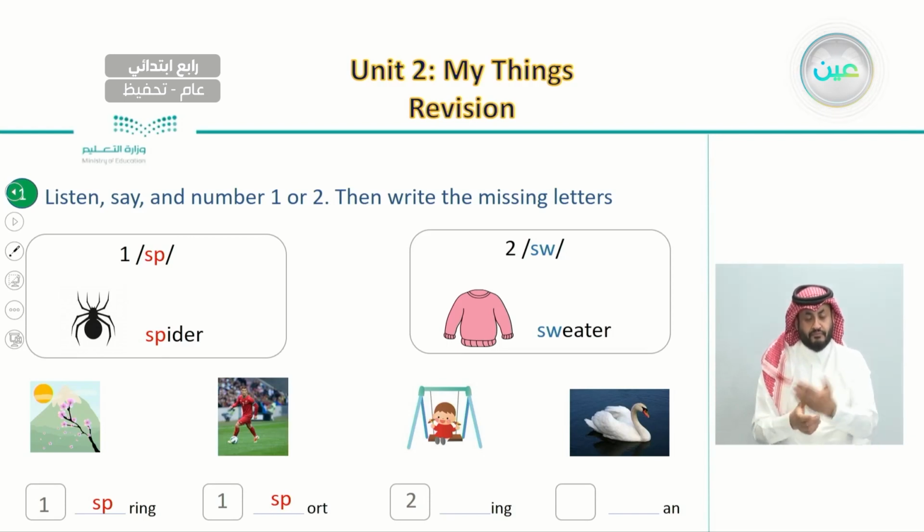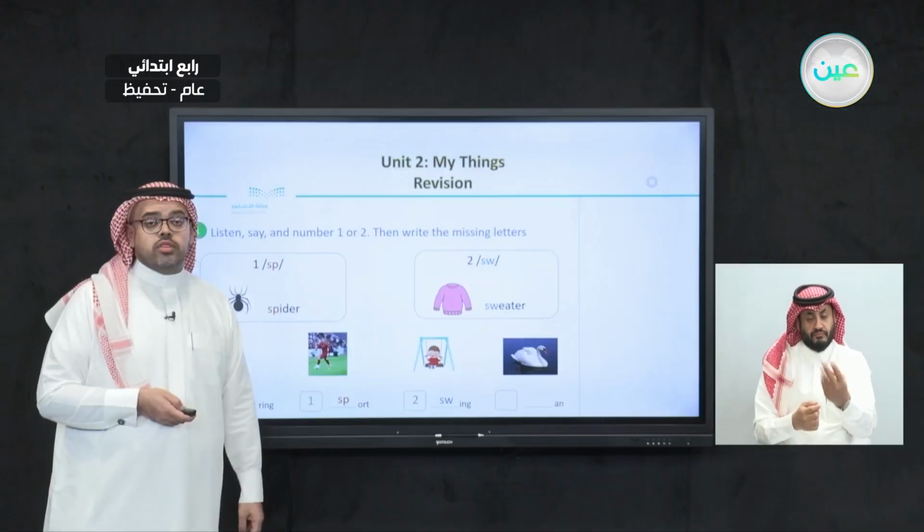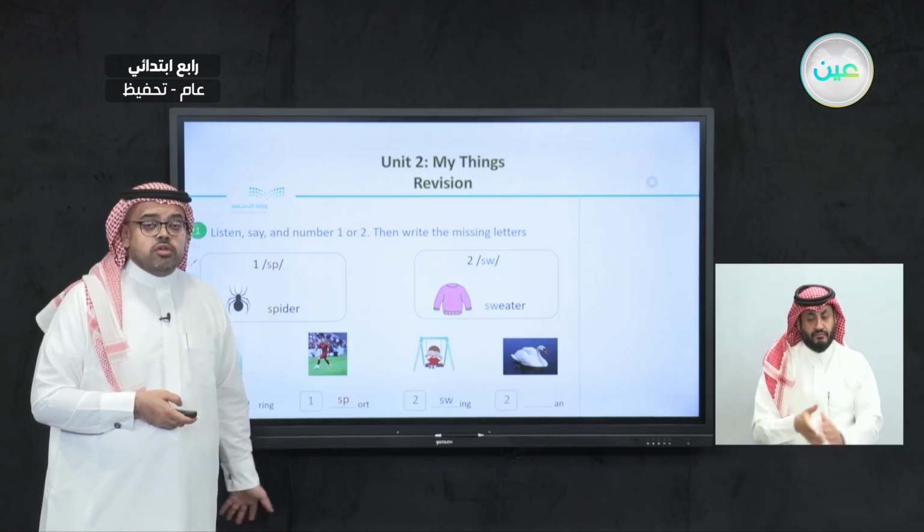Now the third one is already written, which belongs to the second sound. And what is this word? The word is swing. And the fourth word, which is swan. And swan belongs to the second sound. And we complete it with S and W. So here you go.